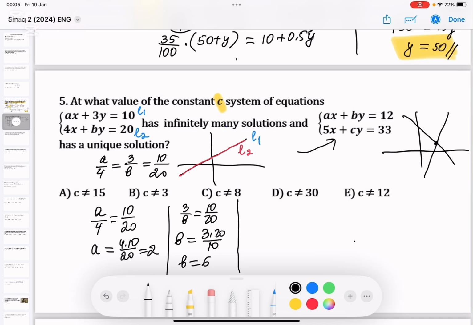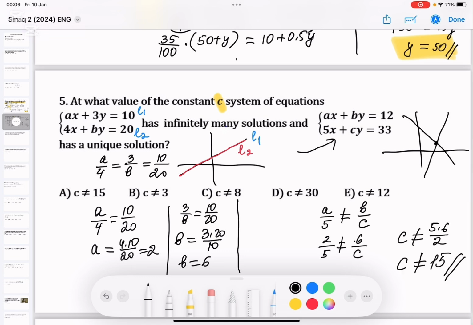So what we're going to write here is a over 5 doesn't equal b over c. And a and b have already been found, so we can substitute 2 for a and 6 for b to find the value of c. So c doesn't equal 5 times 6 over 2, which is 15.